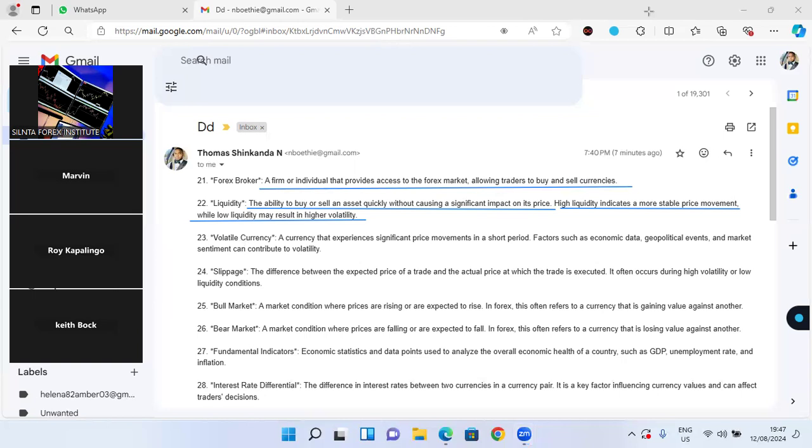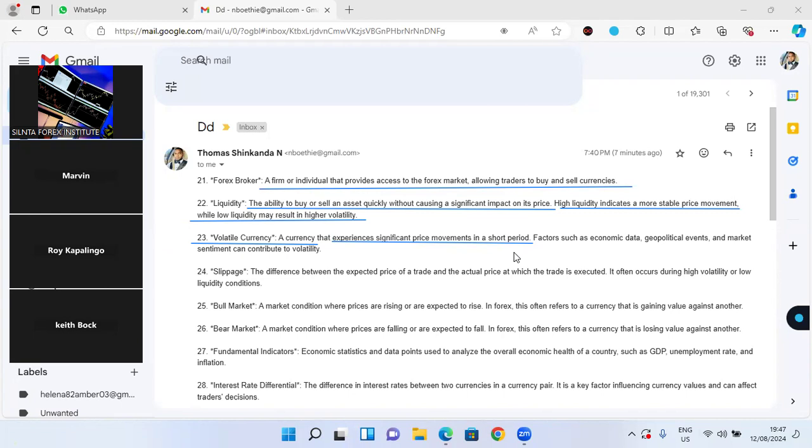Volatility. We have a volatile currency pair, a currency that experiences significant price movement in a short period. Meaning, when the price moves up and down very fast, that is known as high volatile.